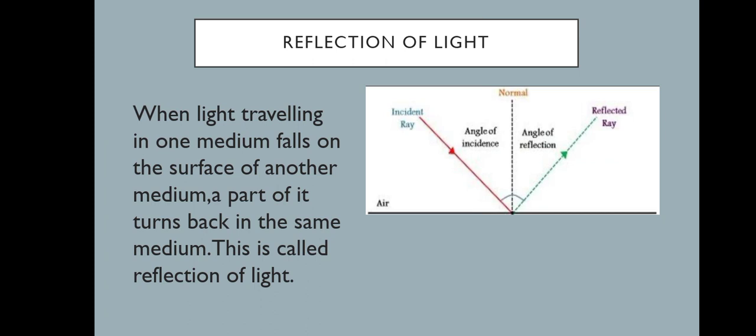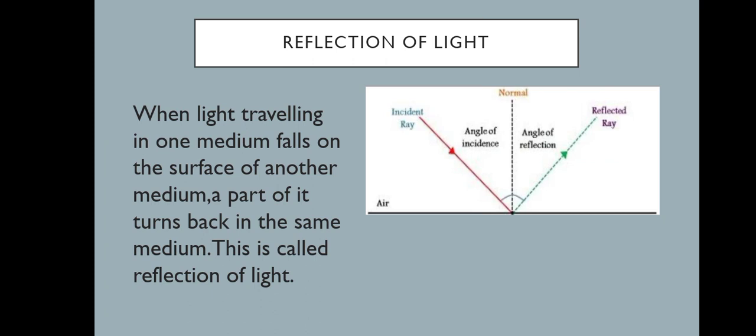When this incident ray strikes the surface of water, it will reflect back into the air again. Here the laws of reflection are also obeyed. The angle of incidence is shown here and the angle of reflection is also shown here. Both of them are equal because light obeys the laws of reflection.